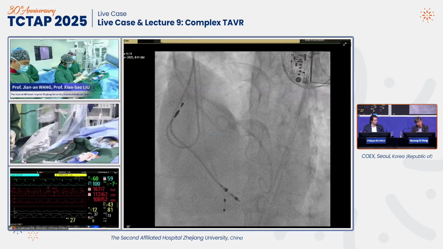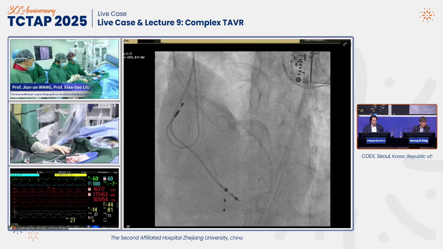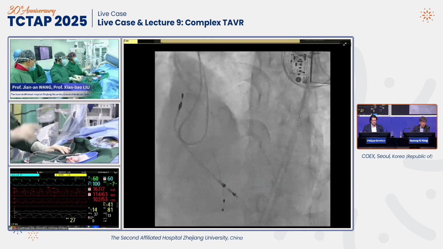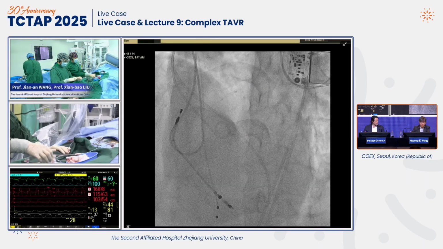You mean the pacemaker induced? This is a permanent pacemaker, not the temporary one. Still we use one, from the jugular vein. You can see there from the X-ray. Yes. So a lot of times we use the permanent pacemaker.